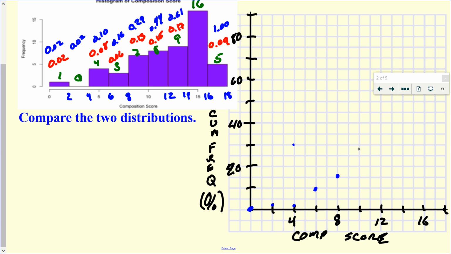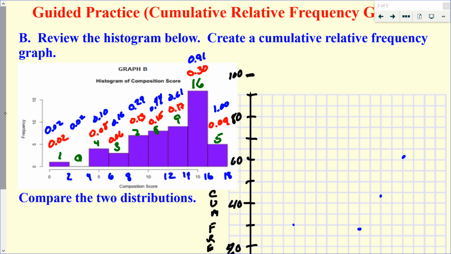To 29%. 12 goes up to 44%. 14 is going all the way up. 61%. 16 is up to 91%. 91%. And we're at 100%.